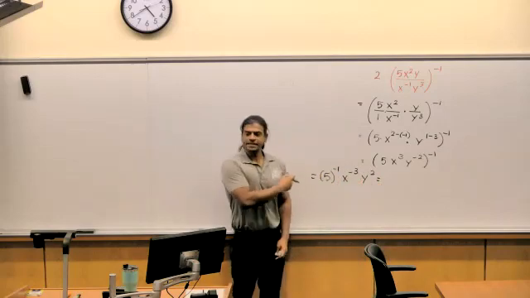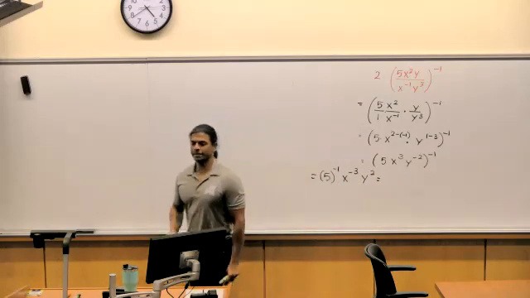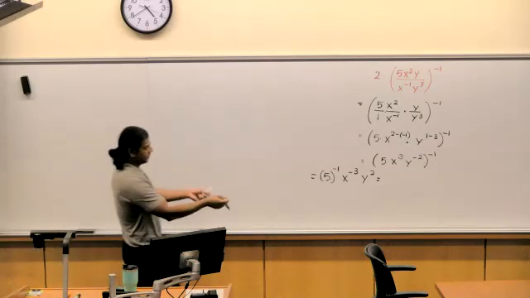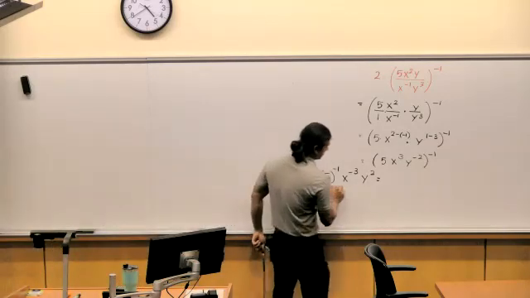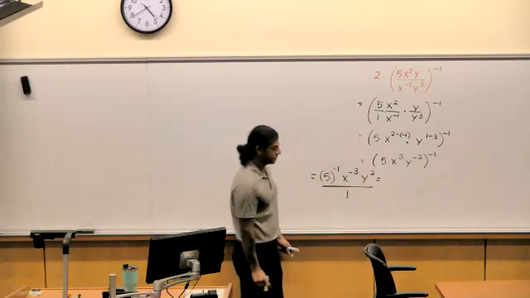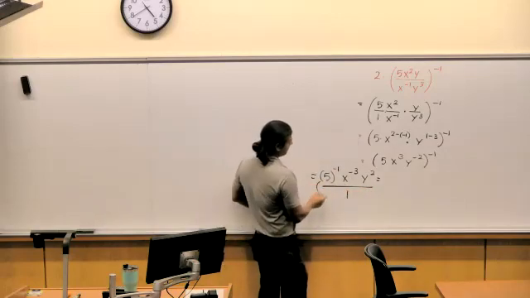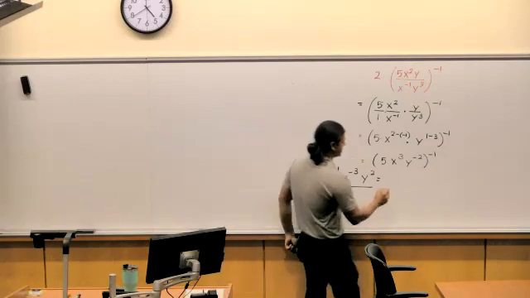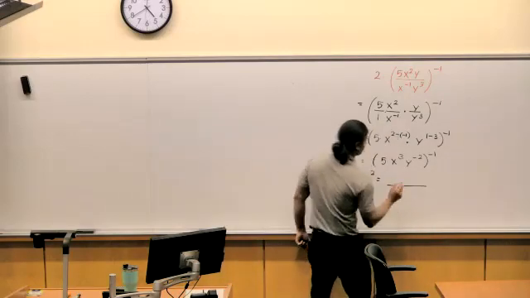There is always a 1 in the denominator. Every number has a 1 in the denominator. We just don't write it all the time. So I have 1 in the denominator. Move 5 raised negative 1 to the denominator. I get 5.